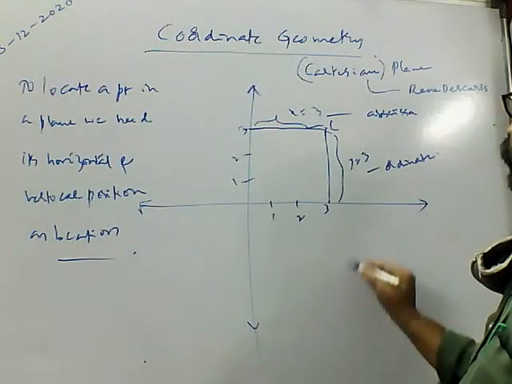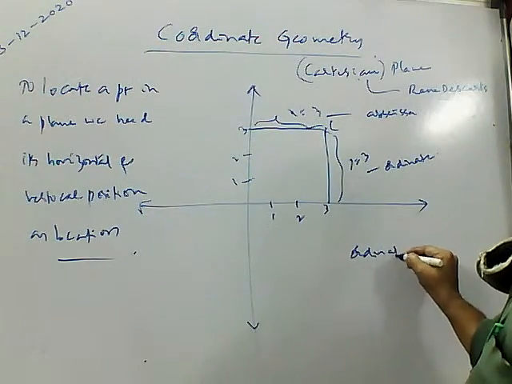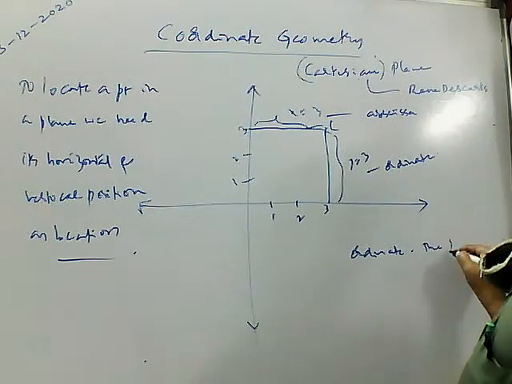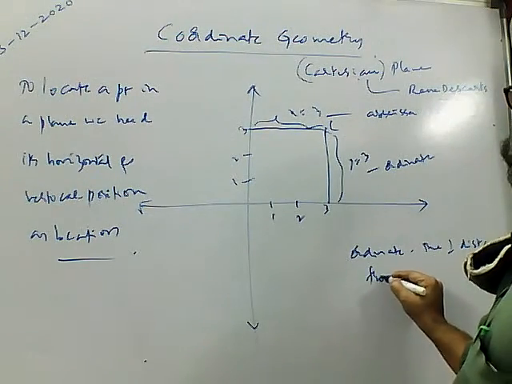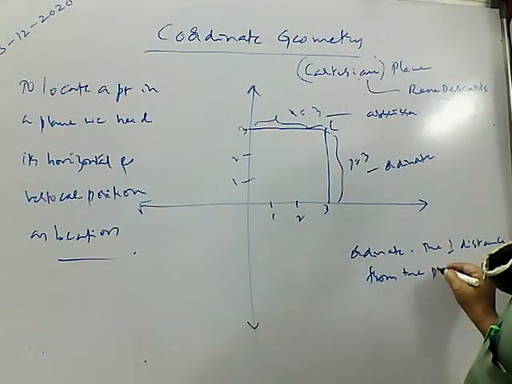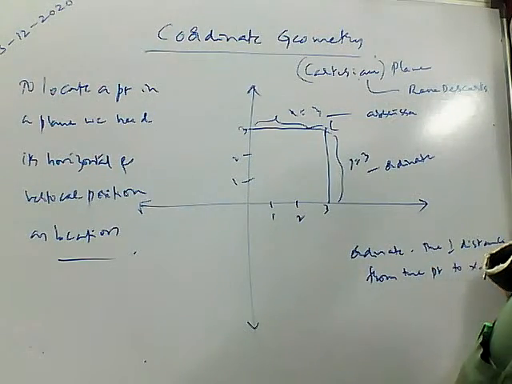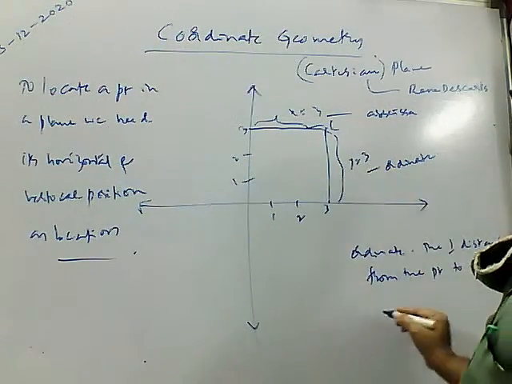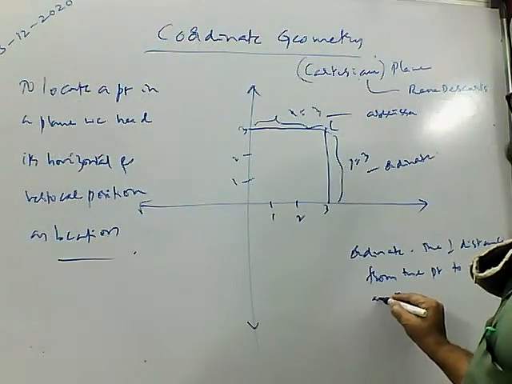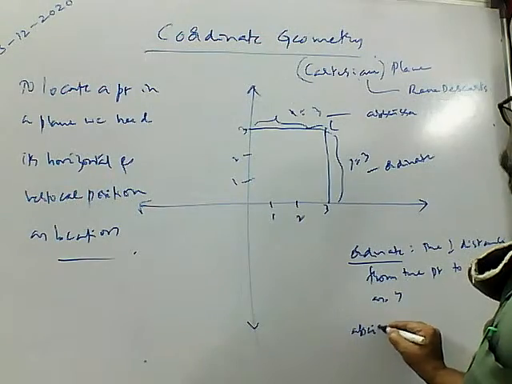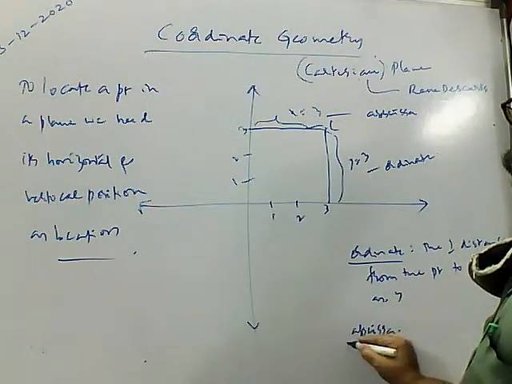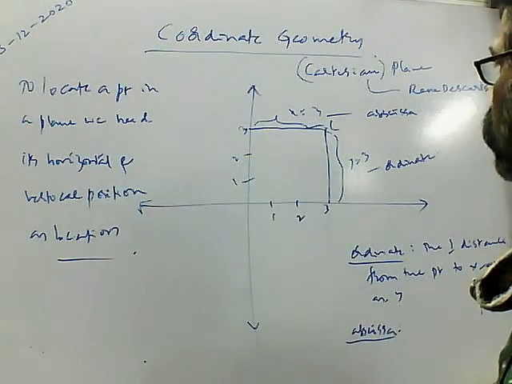So what is called ordinate? Ordinate is the perpendicular distance from the point to the x-axis, as y. Similarly, abscissa is the perpendicular distance from the point to the y-axis. So both x and y together give the location of the point.